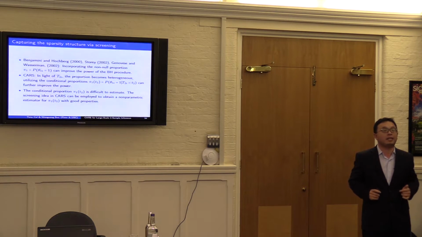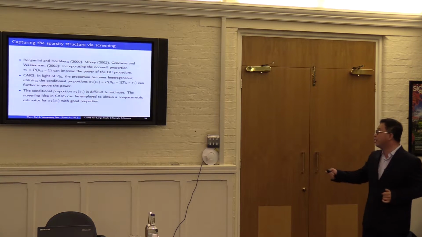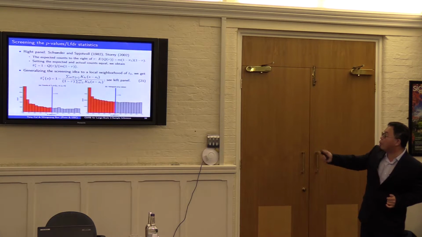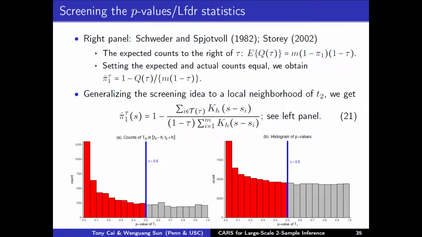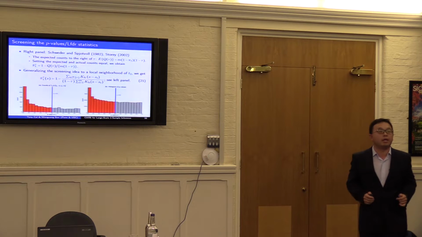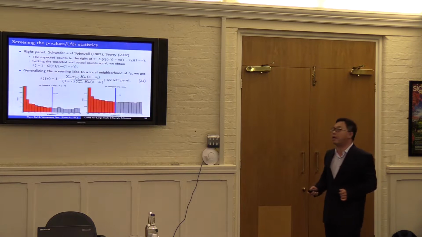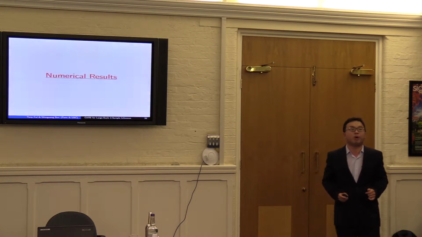We did not study that in the paper, but we conjecture that this estimator would have very good numerical properties, and the theoretical properties should also be strong. So these are the connections to existing works and some important issues that we have resolved.